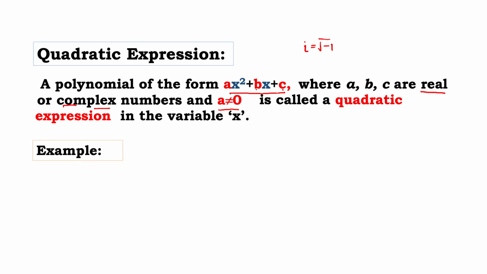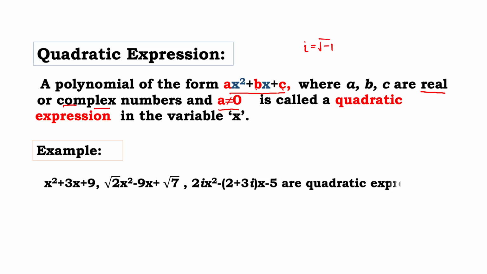Expression means we are just representing this as x square plus 3x plus 9. We can take this as y equal to this, like y equals x square plus 3x plus 9, or you can write this y as f(x), a function of x.